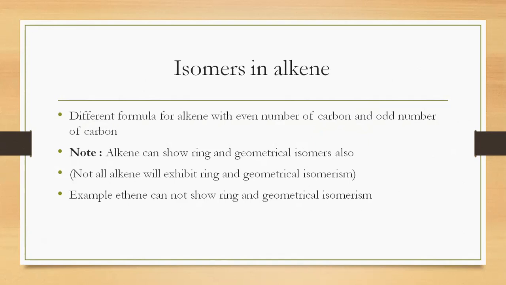Now, in case of alkene, remember, you have to use 2 different types of formulas. If an even number of carbons is present in the alkene, one type of formula you have to use. And if an odd number of carbons is present in the alkene, another type of formula you have to use.